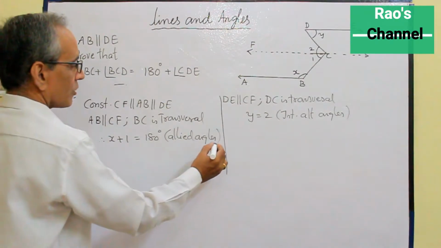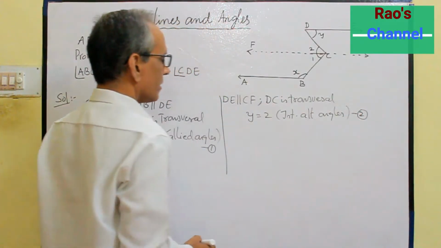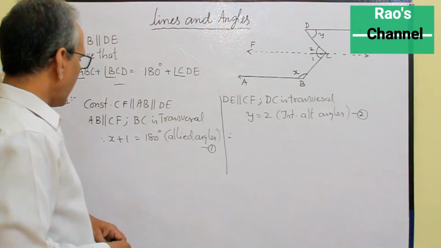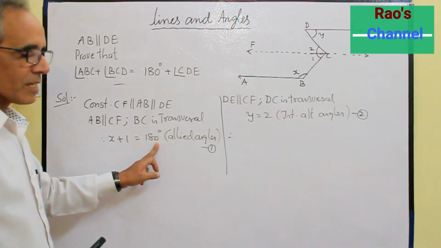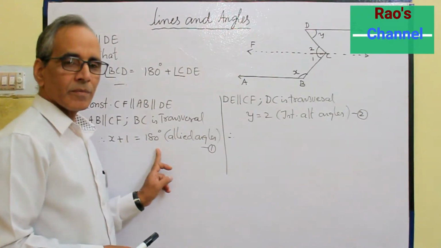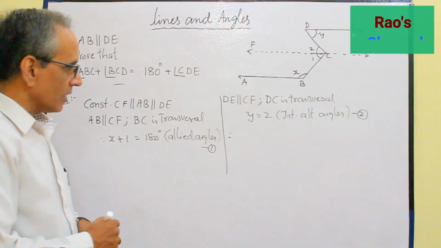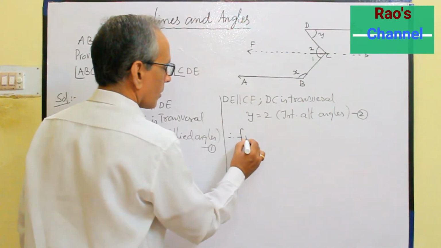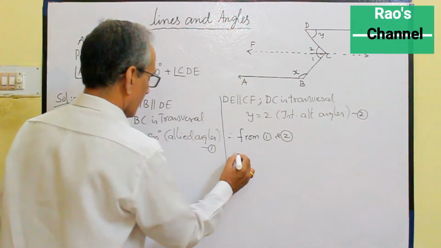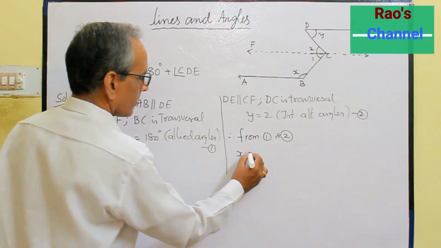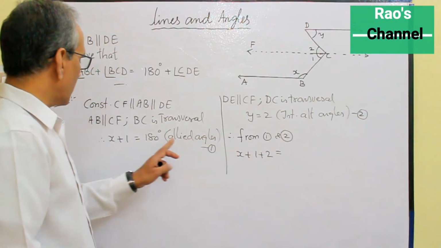Let me label this statement 1, this is statement 2. Now let me see. If I add 2 to this, it is more than 180, because X plus 1 is equal to 180, and X plus 1 plus 2 is greater than 180. Clear? From 1 and 2, X plus 1 is already 180.